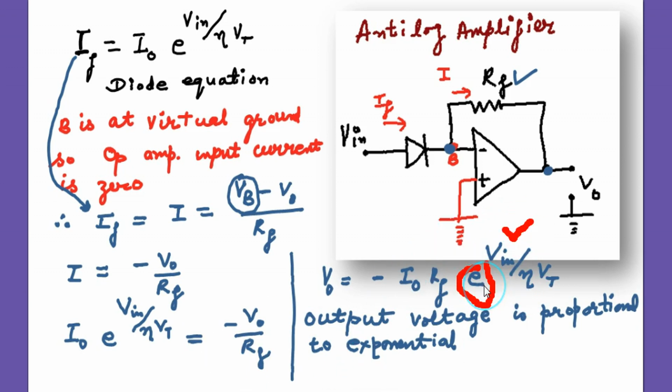Exponential means the anti-log. So the output voltage is the anti-log of the input voltage.